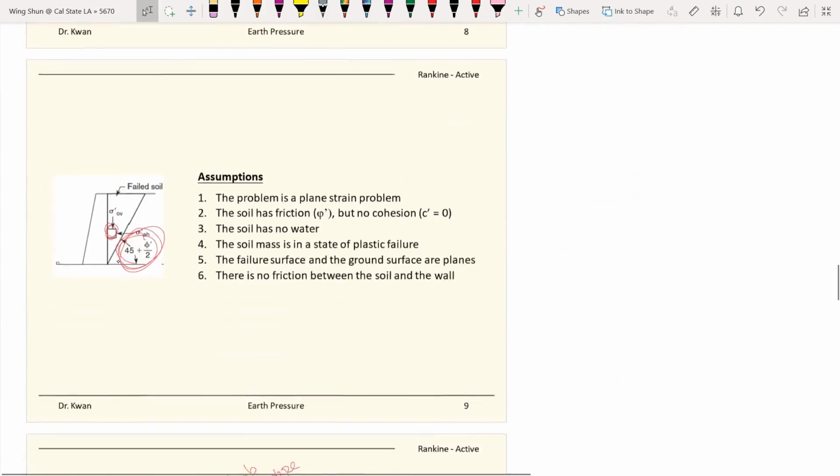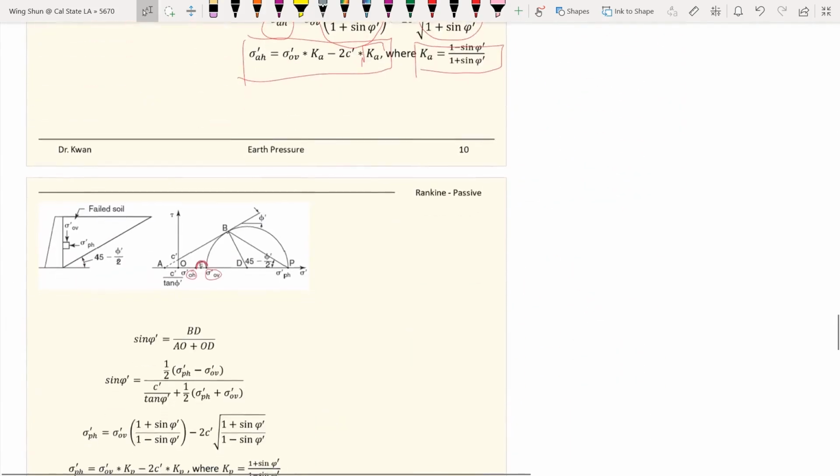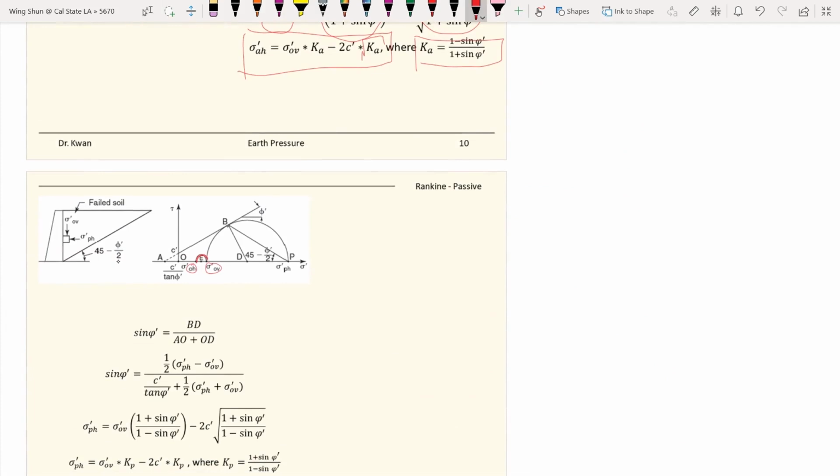So when we plot out this diagram, our horizontal stress will be much larger than my initial vertical stress.